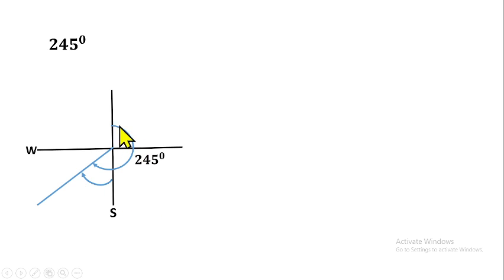We know that from the north to the south is 180, and from here to here is 245. Remove 180 from 245, that will give us what is left over here. So technically 245 degrees is equal to 245 minus 180, and that gives us 65 degrees from the south to the west.